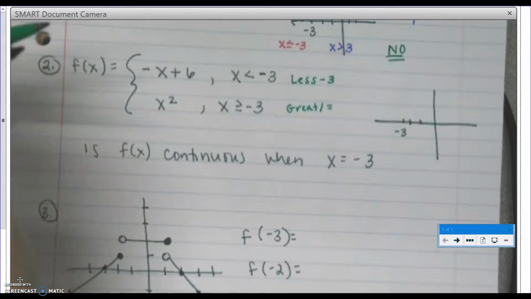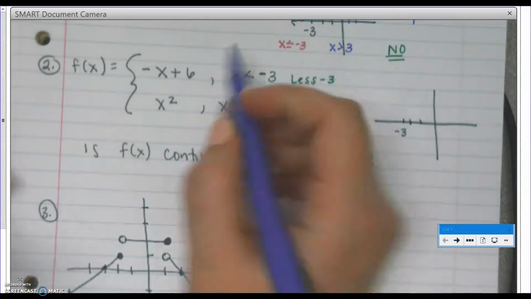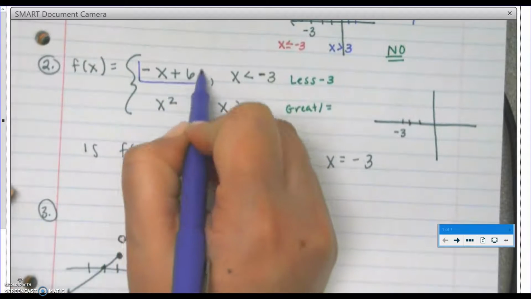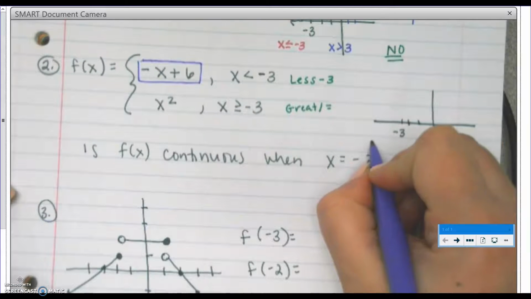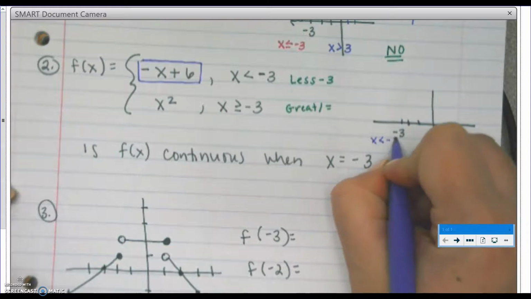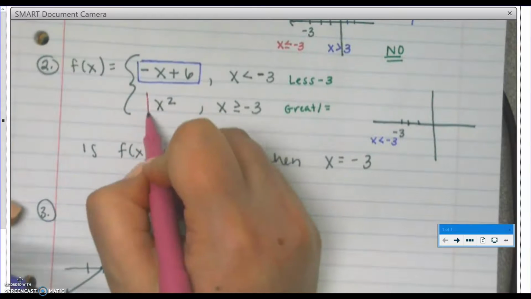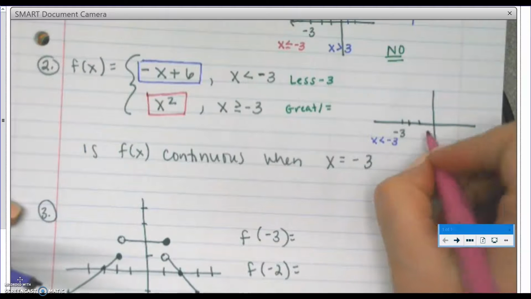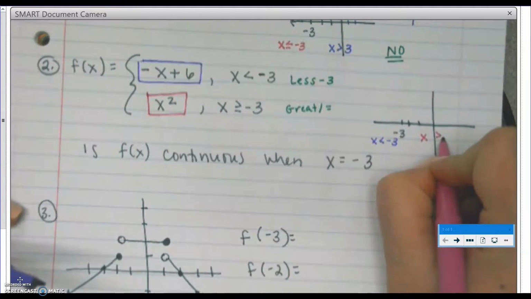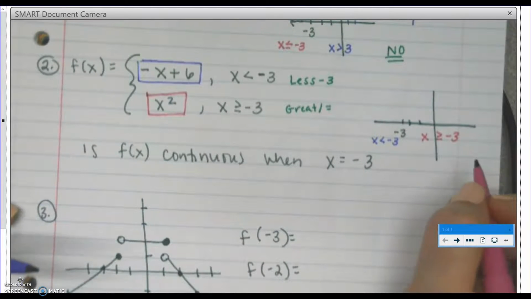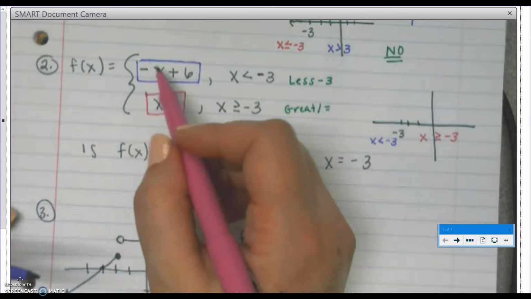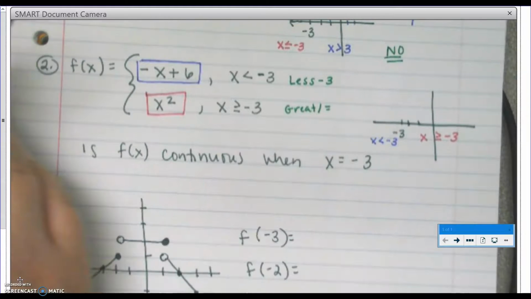So I need to check both pieces. This is the piece that's coming in from the left, where the x's are smaller than -3. And this is the piece that's coming in from the right, where the x's are greater than -3.